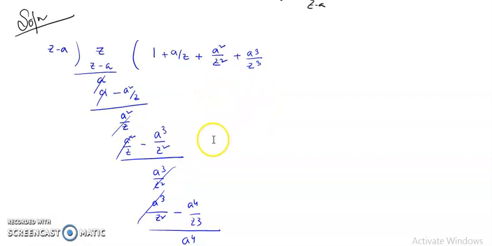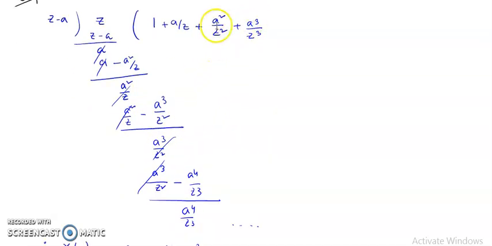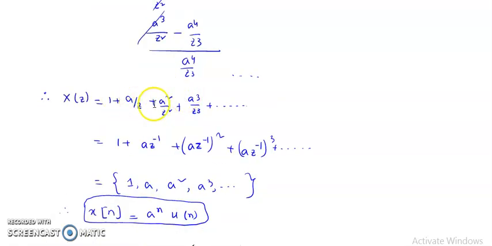This way you can go on dividing, and you will get a series like this as a result. So if you take this series, X(z) can be written like this: a z inverse, and here also a z inverse whole square plus a z inverse whole cube, like this it goes.